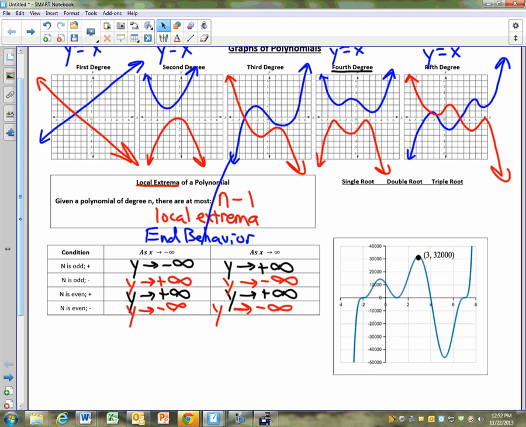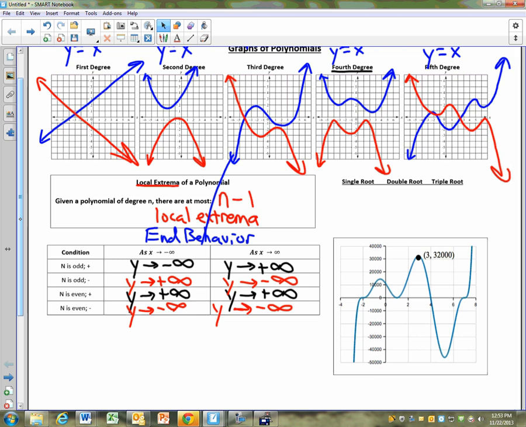Watch. All the blue graphs end which direction? All the blue graphs end positive. It ends up, ends up, ends up. All of the red graphs end down.